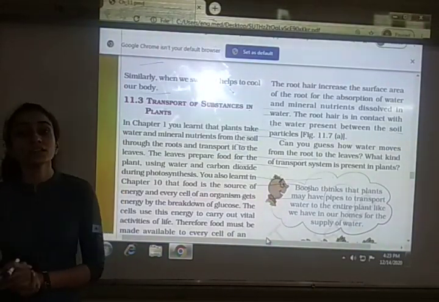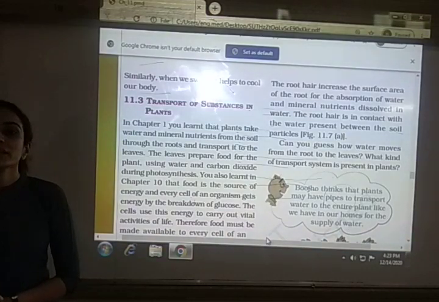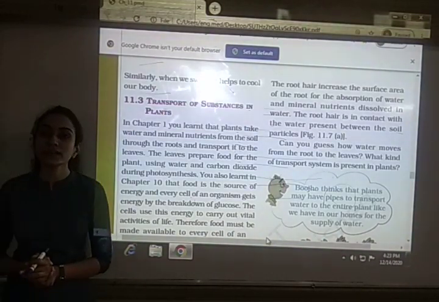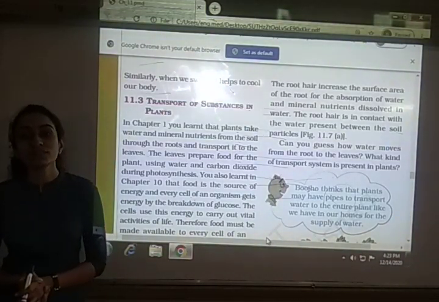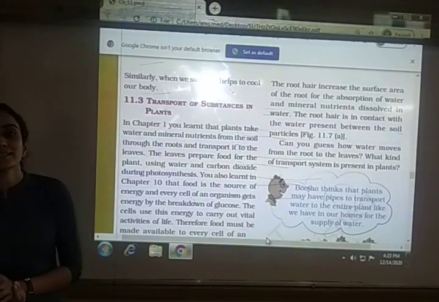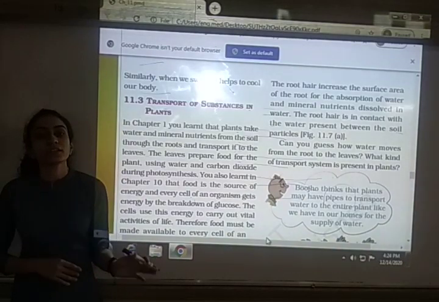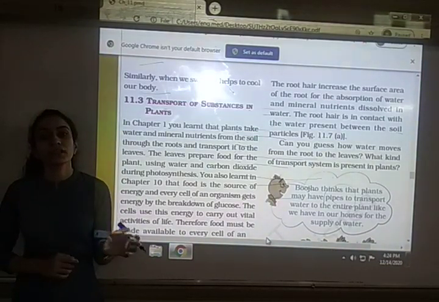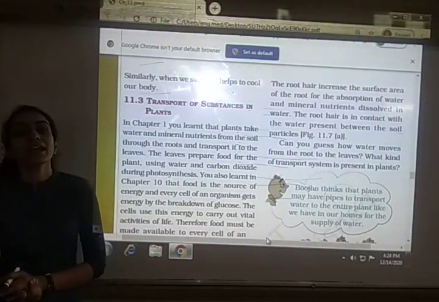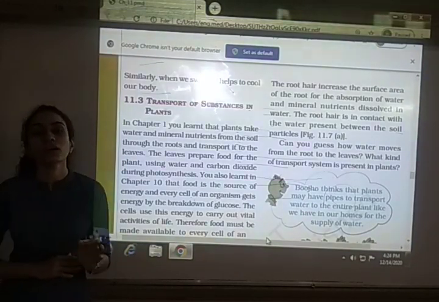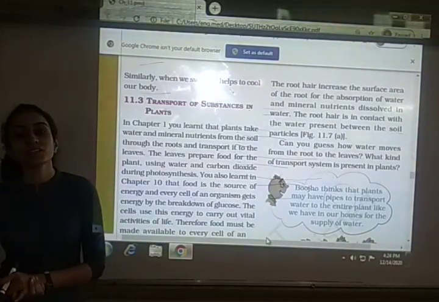And another important organ in our body is the heart. We have seen that the heart has a total of 4 chambers. Upper chambers are known as the atria and lower chambers are known as the ventricles: left ventricle, right ventricle, left atrium and right atrium, and to separate these two halves of the heart, a partition is there.